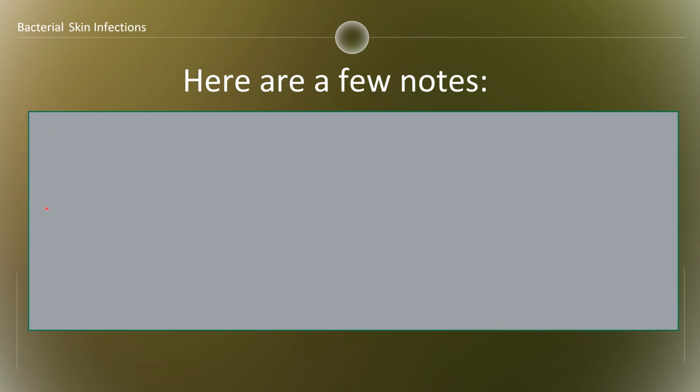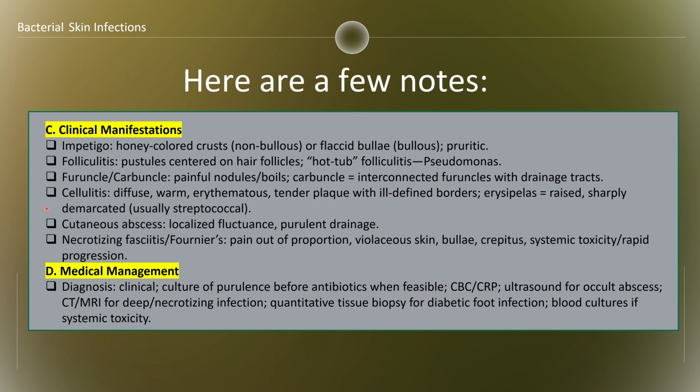And then we have clinical manifestation. We need to know how they look, all those terms, especially for the quiz and for our patient teaching. Impetigo is a honey-colored crust. Folliculitis is a pus-pool centered on a hair follicle.